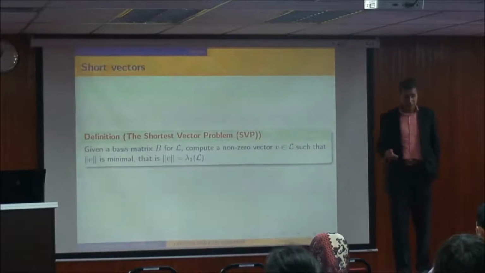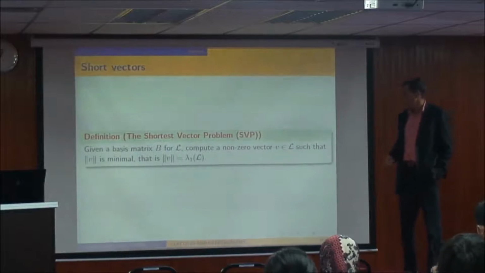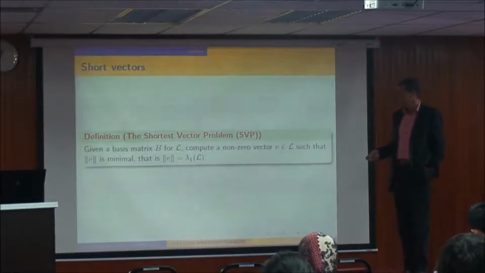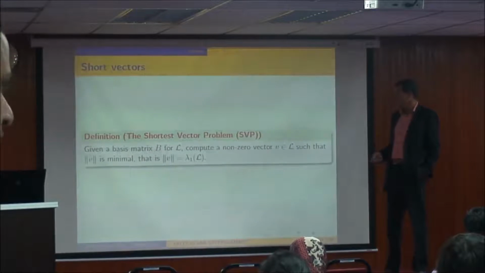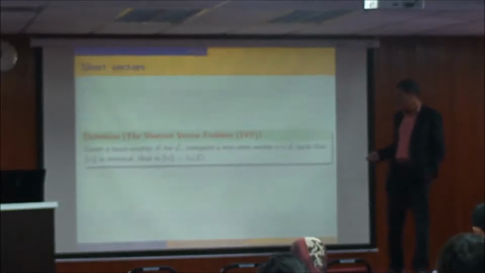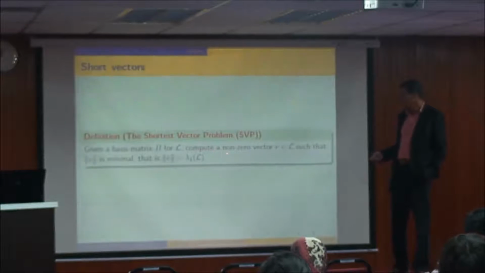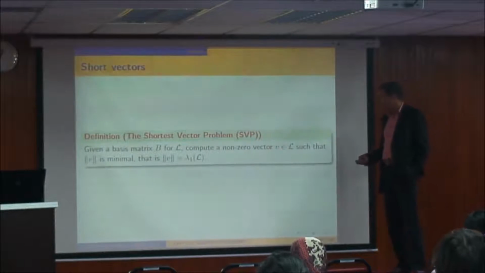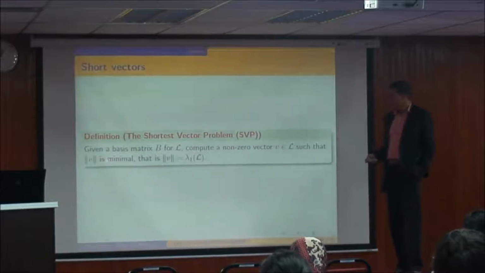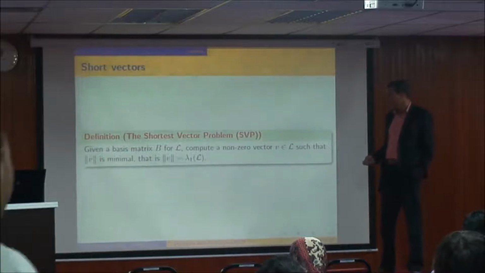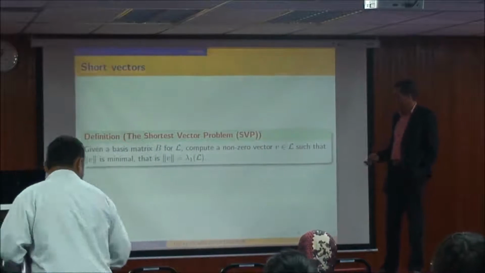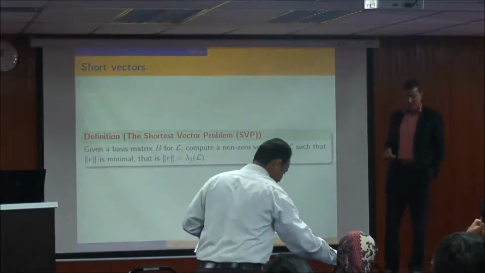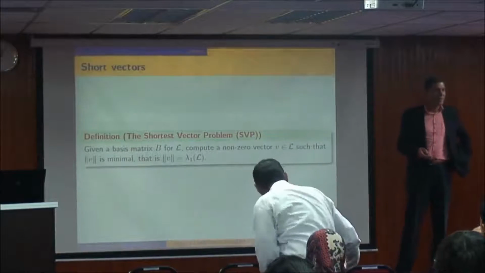So this is a famous problem in lattices, the shortest vector problem, or SVP. Given a basis matrix B of a lattice L, we need to compute a non-zero vector V such that the norm of V is minimal, that is, the norm of V is equal to lambda 1 of the lattice. This problem is very difficult in general.